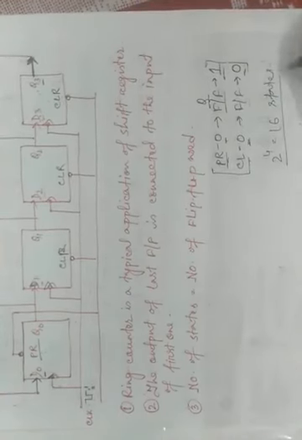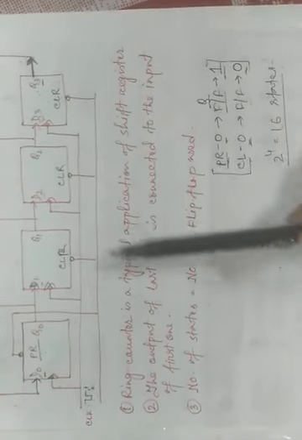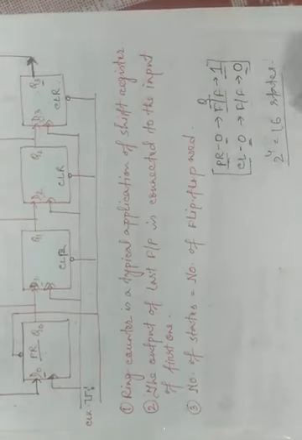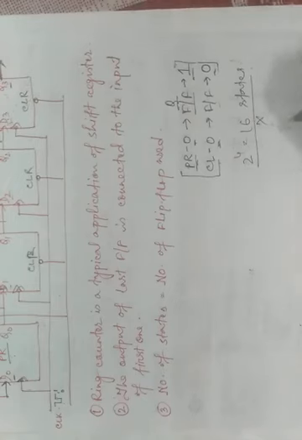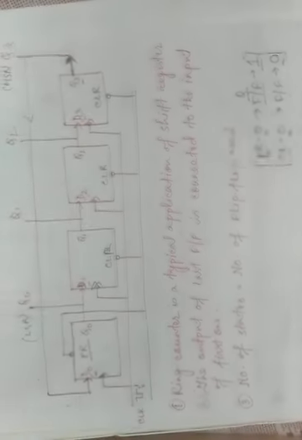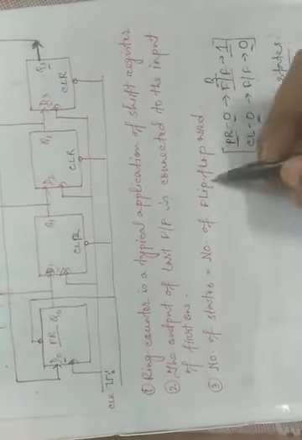But as this is a special type of ring counter, these states will not be achieved from this counter. In this counter, the number of states equals the number of flip-flops used. That means as 4 flip-flops are used, here the number of states is 4. Okay.